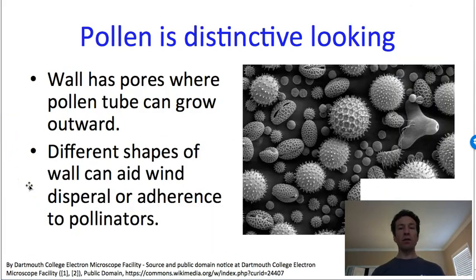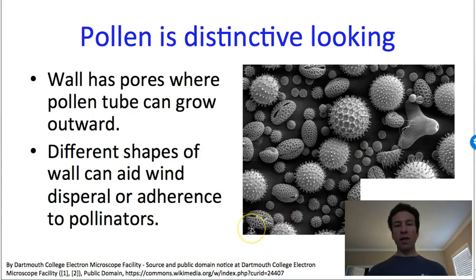Pollen, if you look at it close up, is super cool looking and very distinctive. In pollen grains, there are pores out of which pollen tubes can grow. We'll see pollen tubes in a little bit, but you can see, especially on these grains, there are easily seen openings, also here and here, where pollen tubes are going to be able to grow out and eventually carry sperm to the ovules.